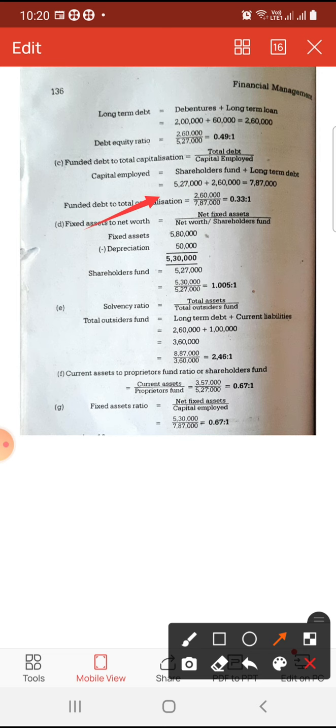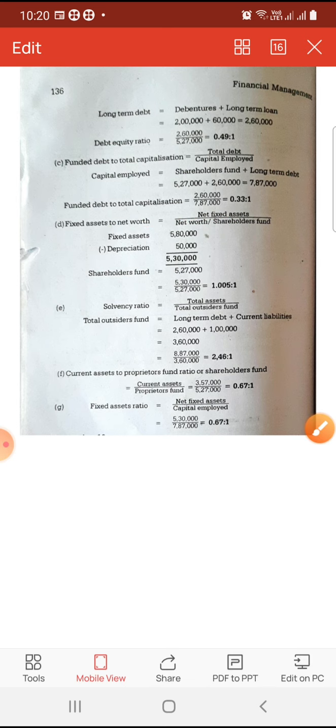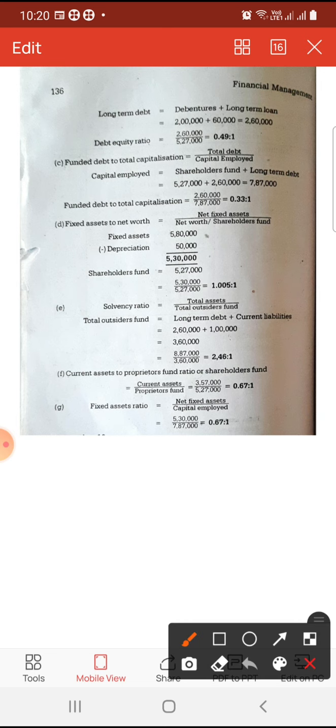So the formula is capital employed is equal to shareholders fund plus long term debt. So if you add, you will get 7,87,000. So you will get funded debt to total capitalization, that is total debt divided by capital employed, 0.33:1. Okay, next is this D point.